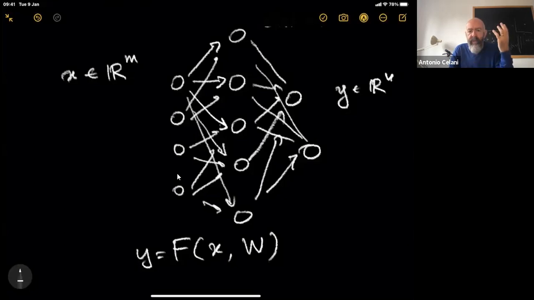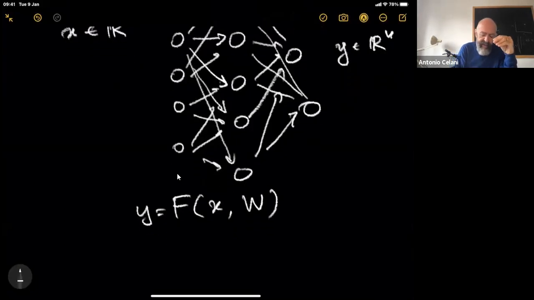So why do we care about such a specific construction of a nonlinear approximator? Because it's possible to prove mathematically.